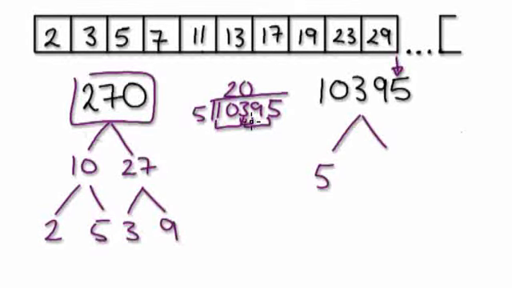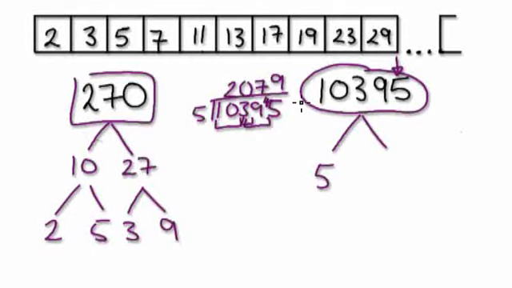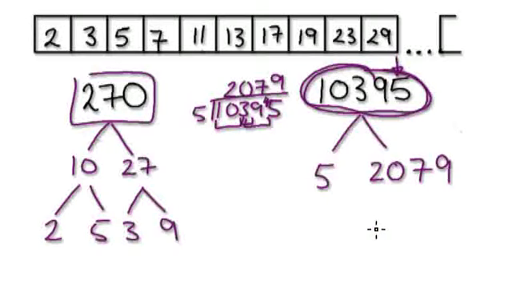Jump to the second one: 39 divided by 5 without going over would be 7. 7 times 5 is 35, so the remainder is 4. 45 divided by 5 would be 9. So yes, this number does divide by 5. We can visualize this number as 5 times 2079.